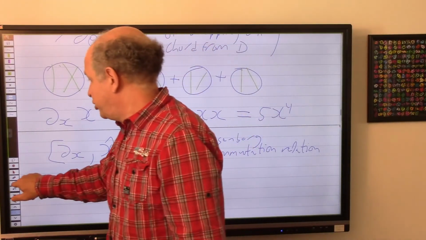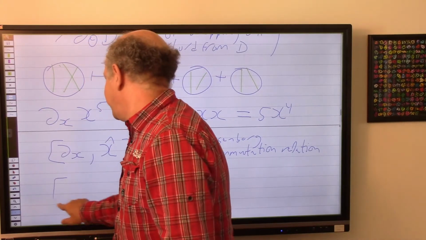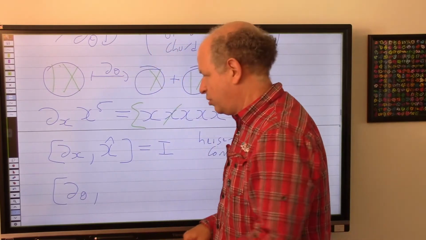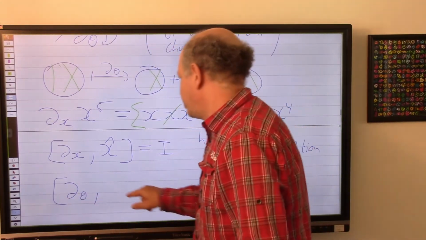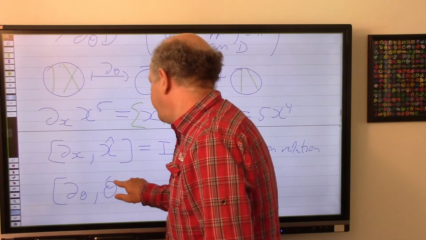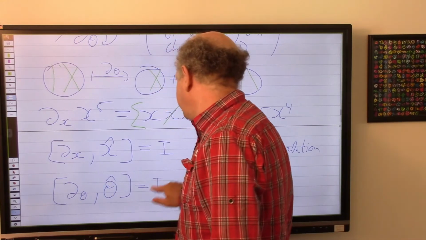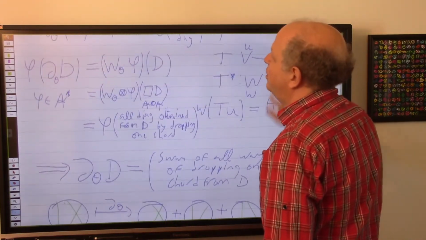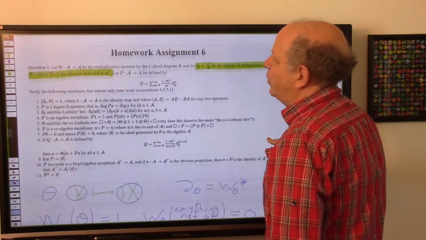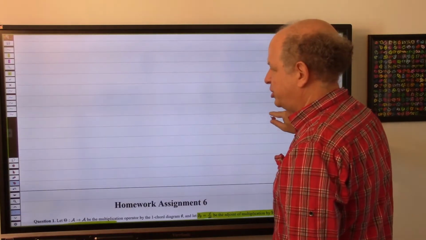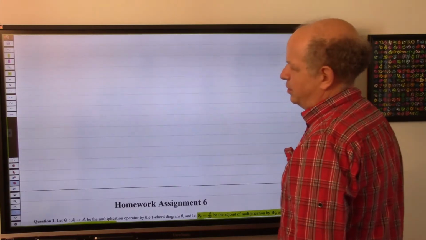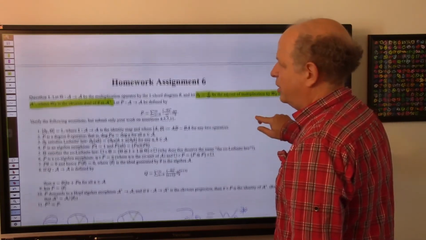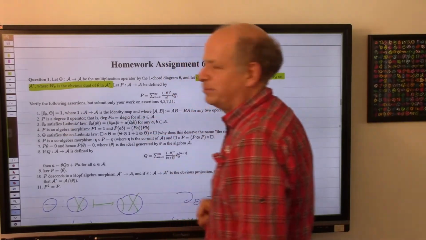It should not be surprising that we get the same relation: the commutator of differentiation with respect to theta and multiplication by theta should be the identity. And in fact, this is the first thing that you had to prove.